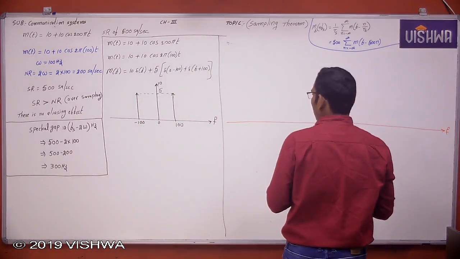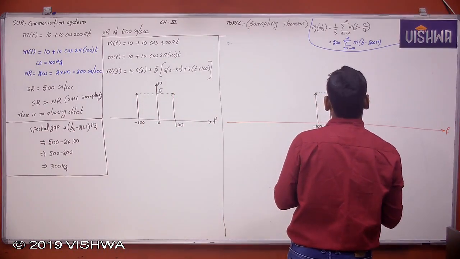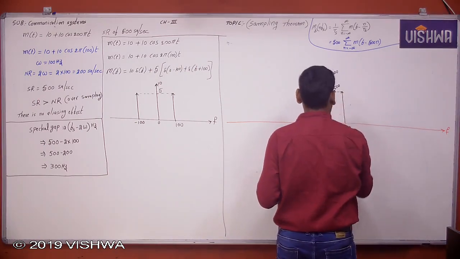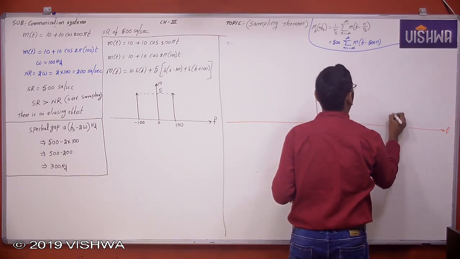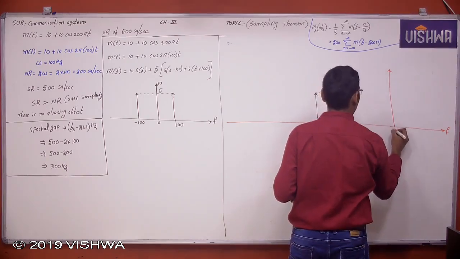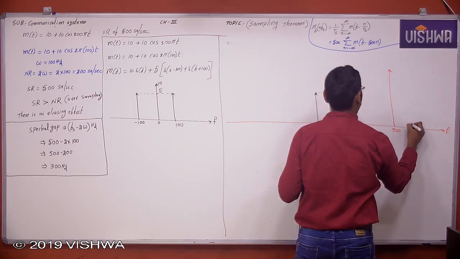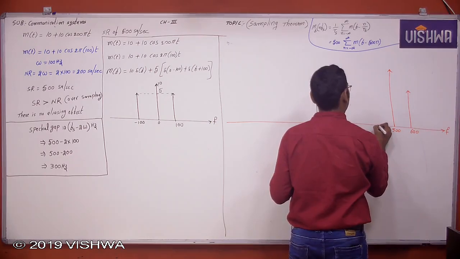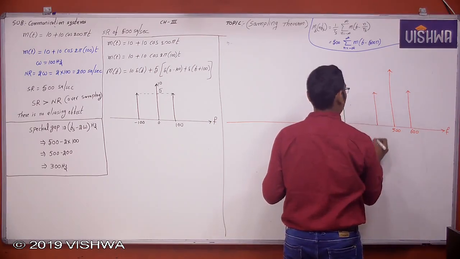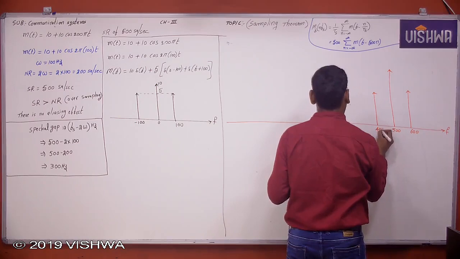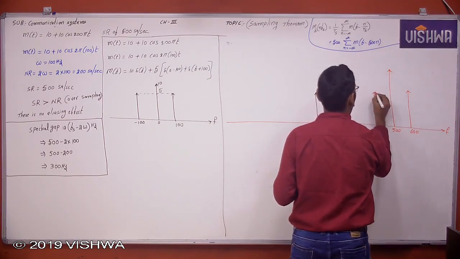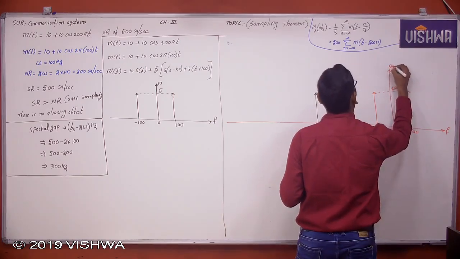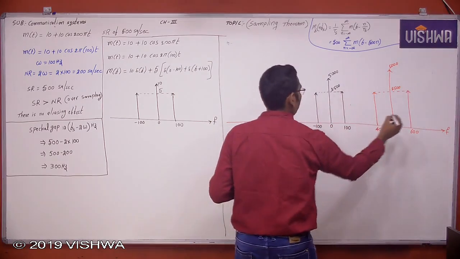Now, when n equal to 1, m of f minus 500: the 0 is shifted to 500, the 100 is at 600, and the minus 100 is at 400, and so on.